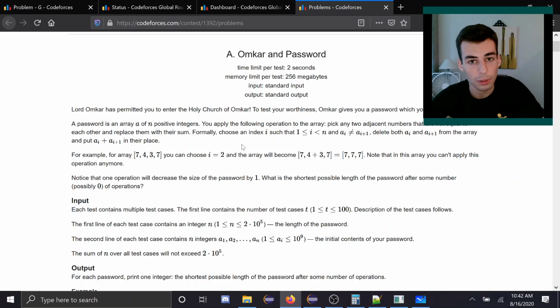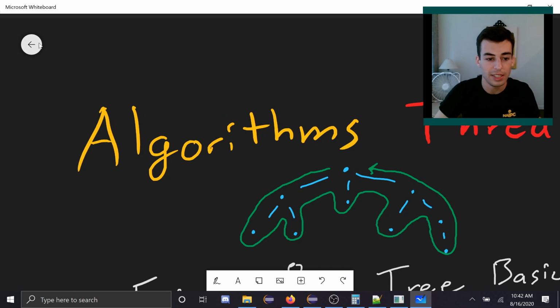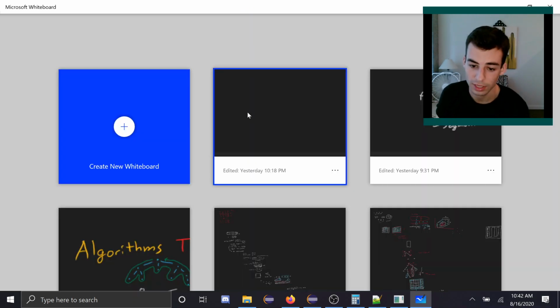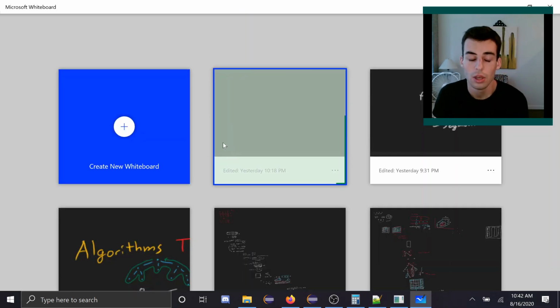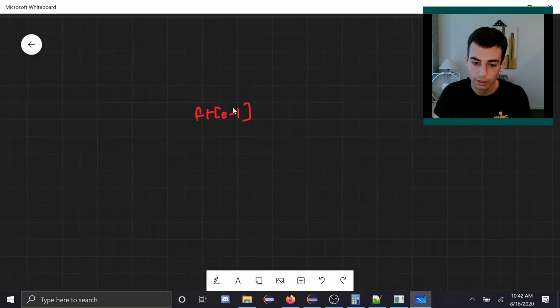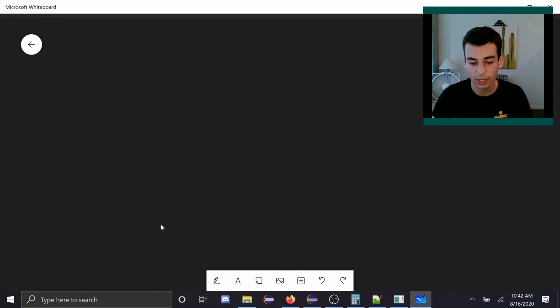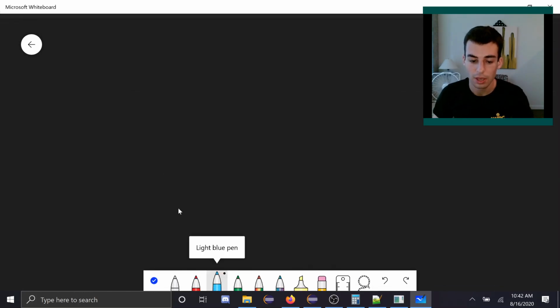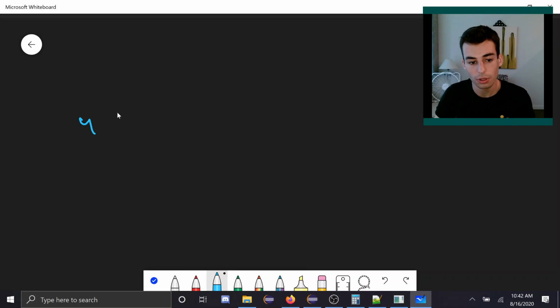Otherwise, if all the numbers aren't the same, that means there's some number that is different from the rest of them. Whatever that number is, we can consider it alongside whatever number is biggest. So maybe the array is like 4, 7, 10, 10, 10, 3.